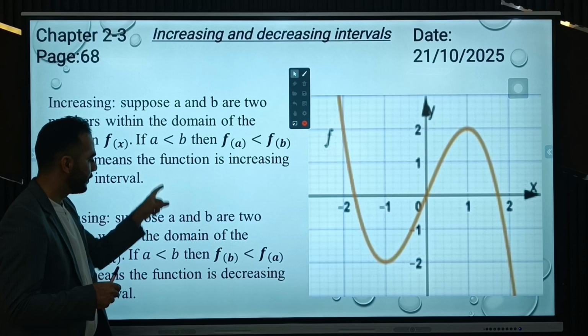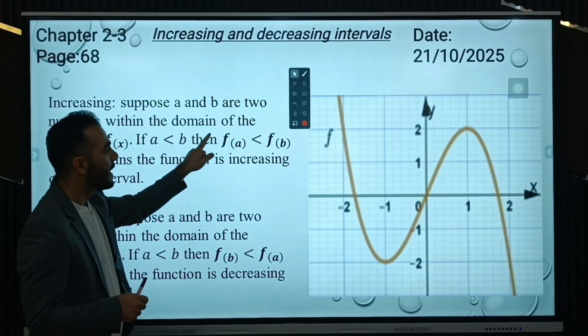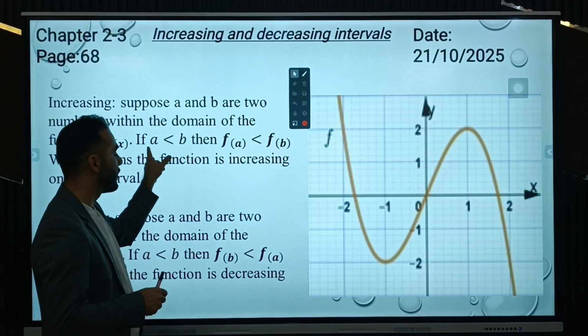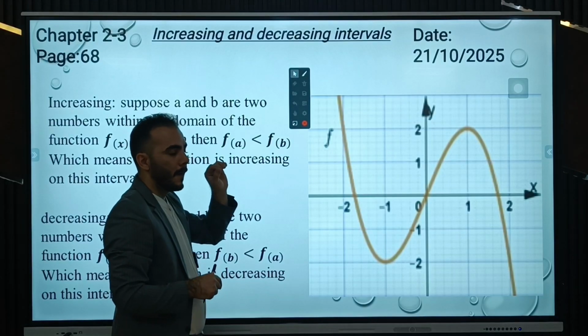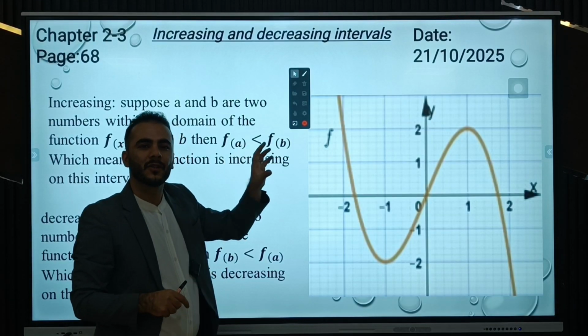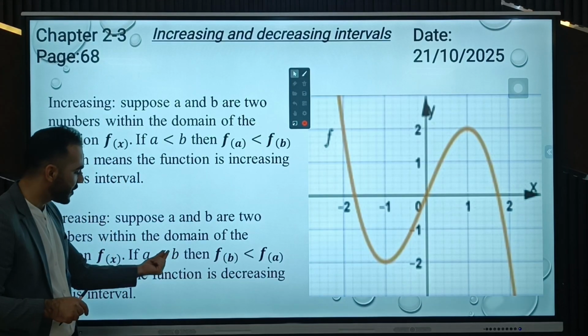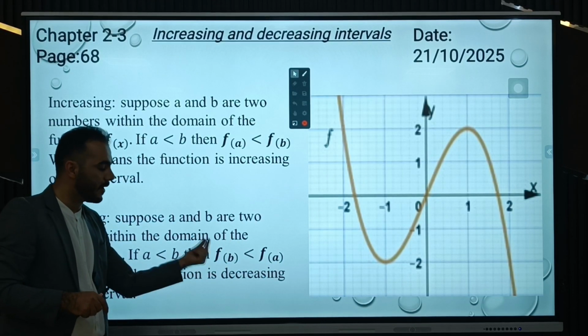But if f of b is greater than f of a, just like b is greater than a, and both go the same way, in that case we are going to say that the function is increasing. But if b is still greater than a, but f of a is greater than f of b, in that case we're going to say that the function is decreasing.